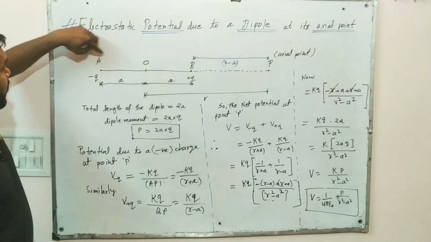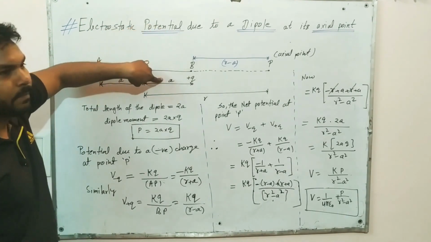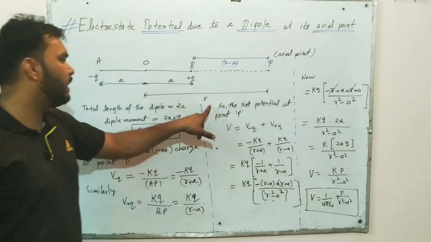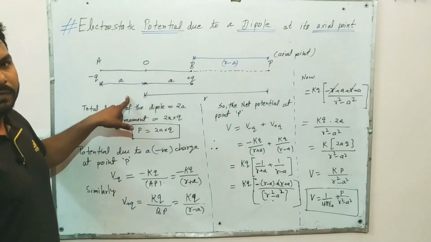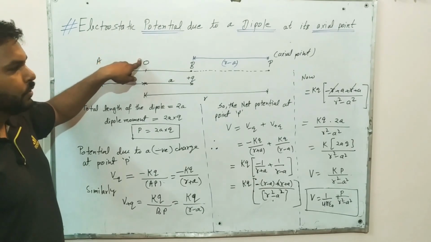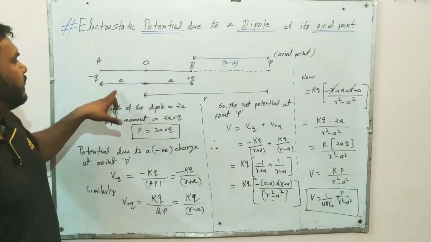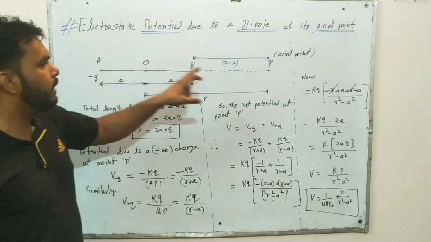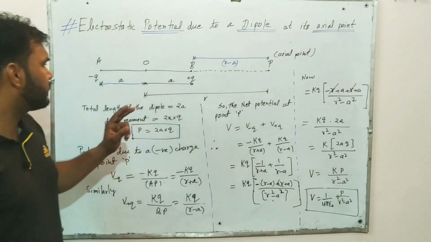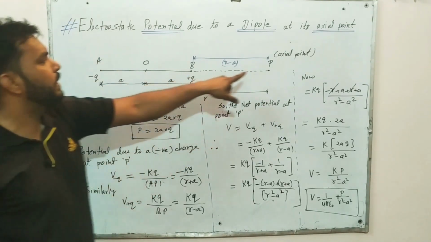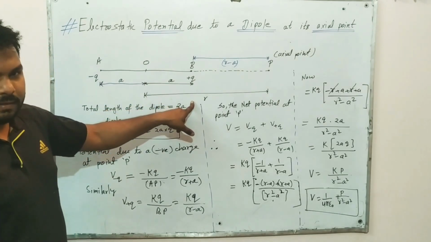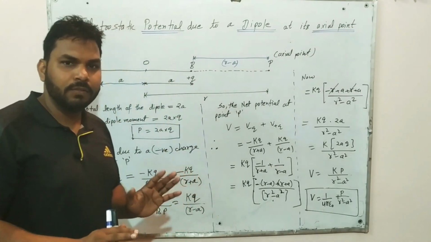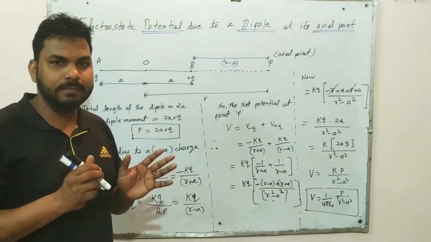So AO is a and OB is a, and we are considering point P, where we have to calculate the potential, which is r distance apart from the center of the dipole, point O. The distance from the center of the dipole to point P is r, the total distance from point A to point P is a plus r, and the distance from point B to point P is r minus a. Clear?